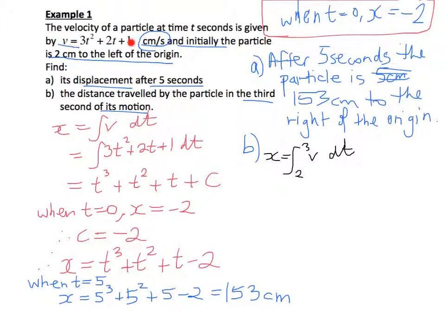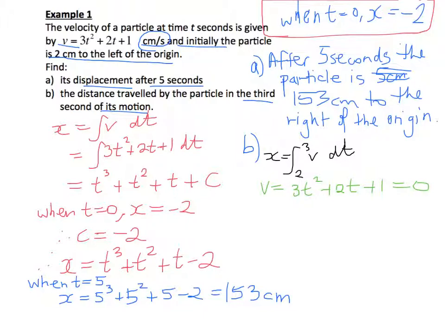So here's our expression for the velocity. If we made that equal to 0 and solve for t, we can find when the particle is at rest or when the particle changes direction. So just as a little aside, let's make the velocity, which is 3t squared plus 2t plus 1, equal to 0 and solve for t.